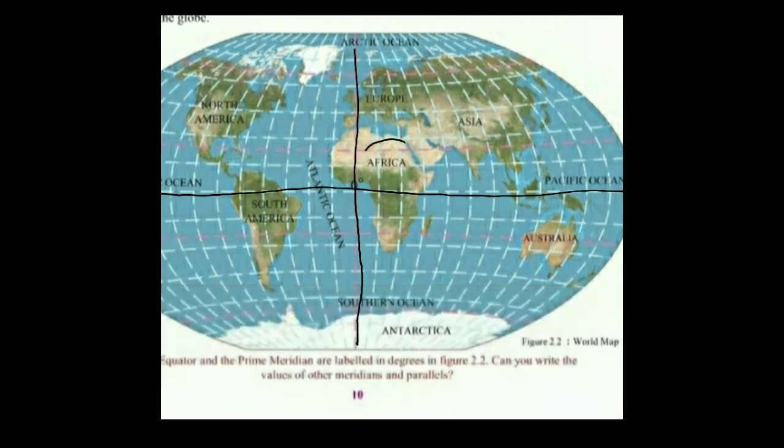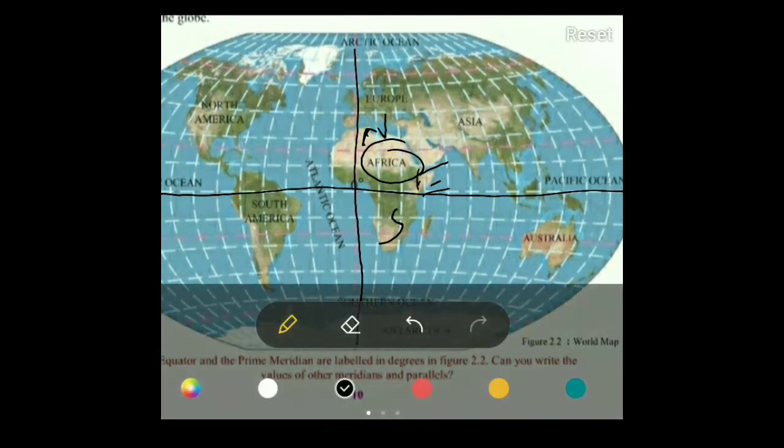So the continent of Africa is in the north, it is in the south, it is in the eastern hemisphere, and it is also in the western hemisphere. So the African continent is in all the 4 hemispheres.